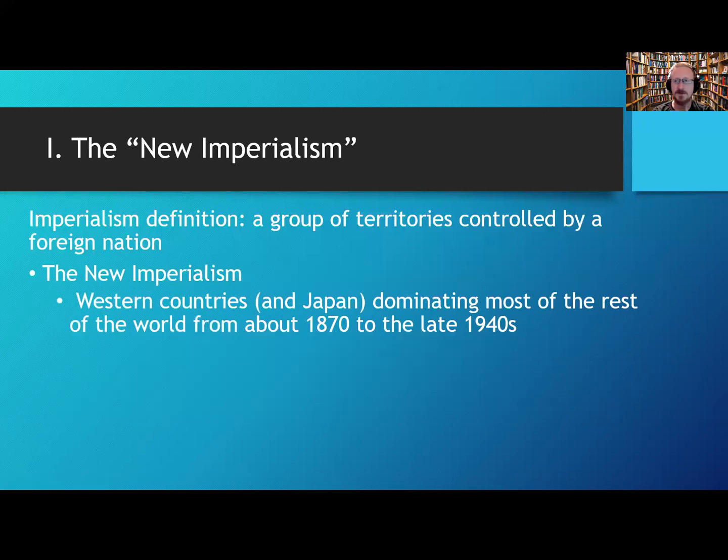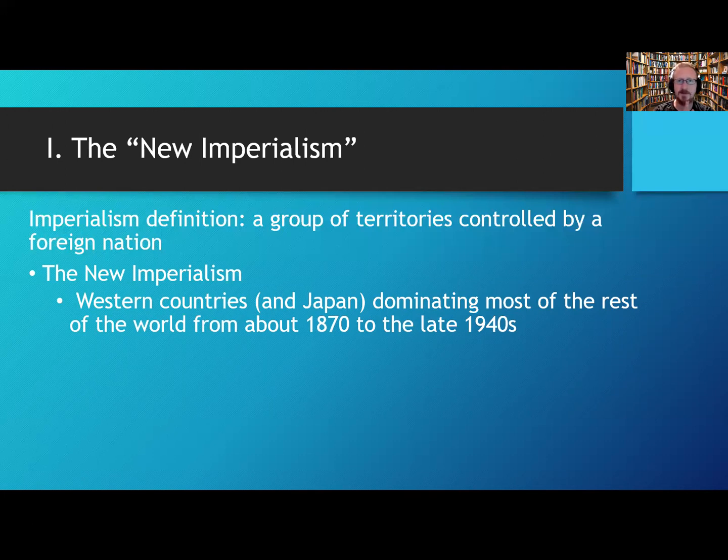These 7 or so countries dominate the rest of the world through imperialism. It's actually global imperialism. It's like 90% of the continent of Africa gets carved up by 7 or so countries, 6 maybe.